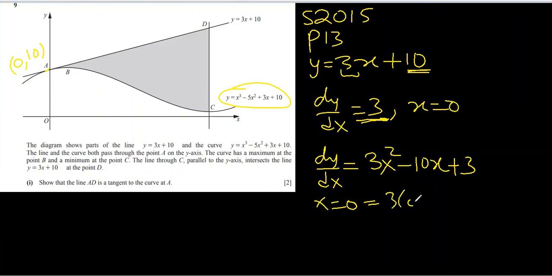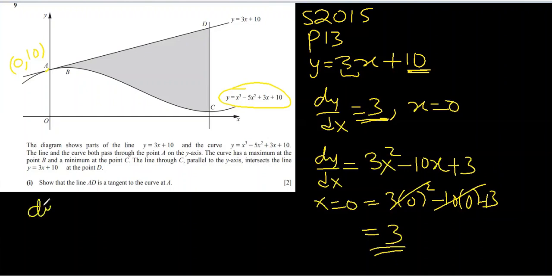So 3 times 0 squared minus 10 times 0 plus 3. So this is 0, this is 0. Yes, we got 3.